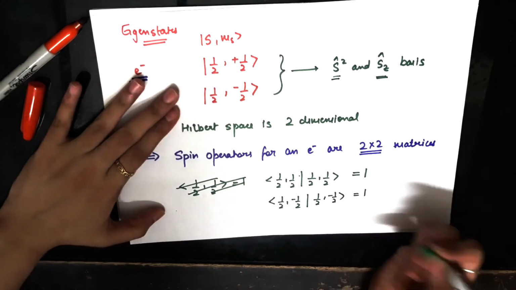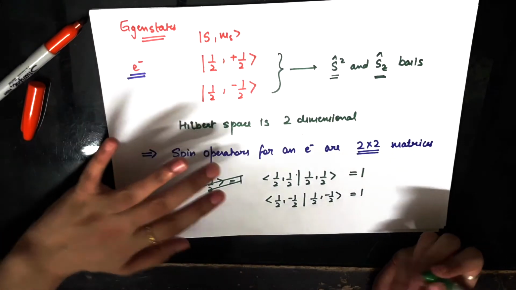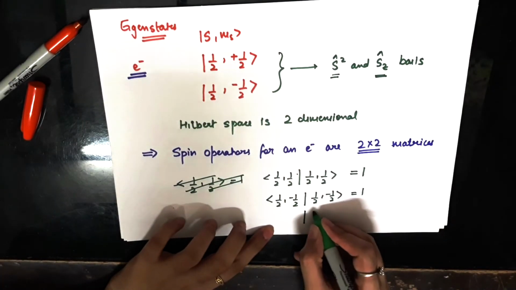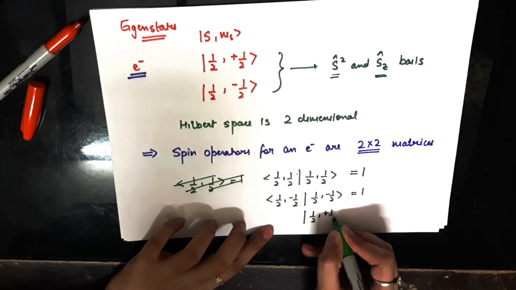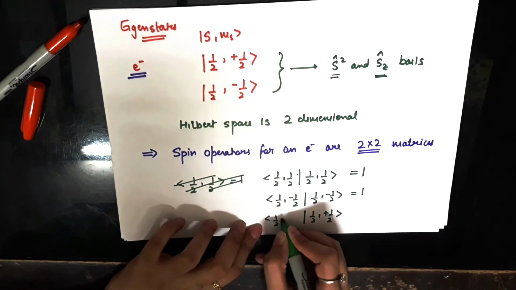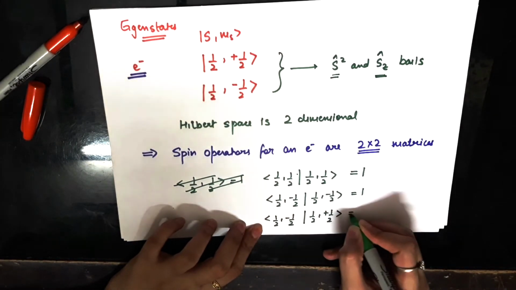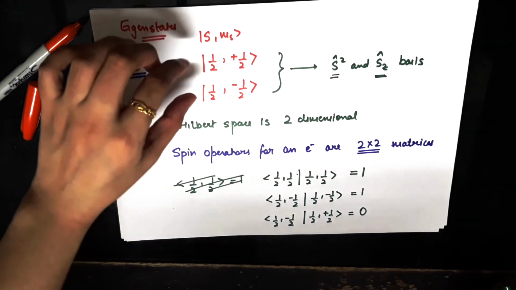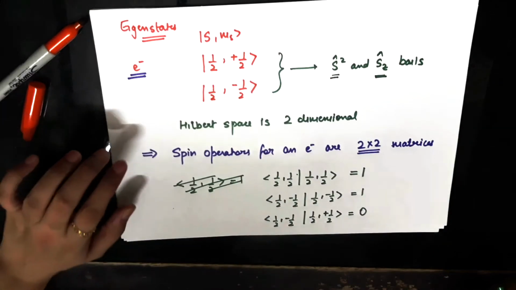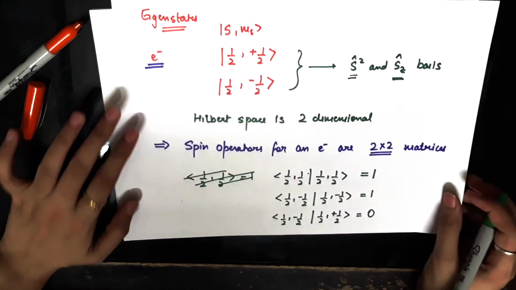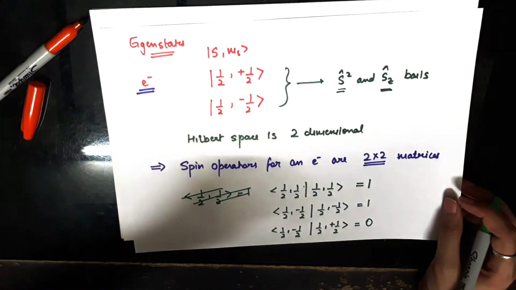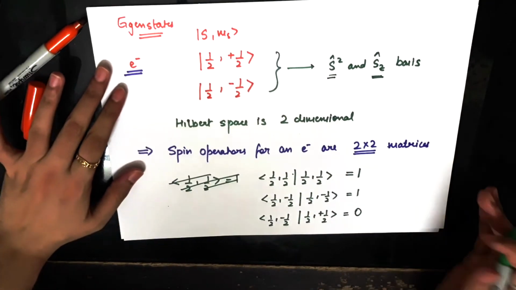But these two states are mutually orthogonal. So if I take the inner product of half plus half and half minus half, that should be equal to 0, because these are eigenstates of Hermitian operators. So these are orthonormal.